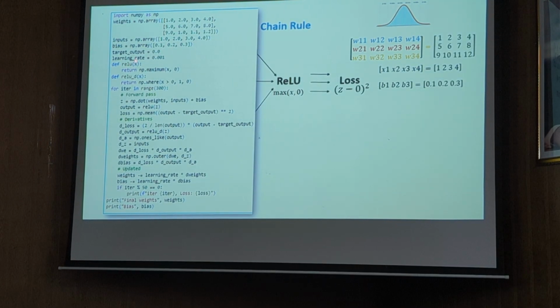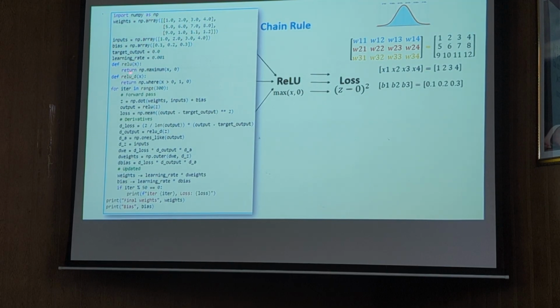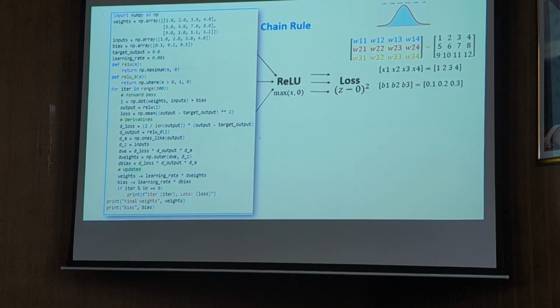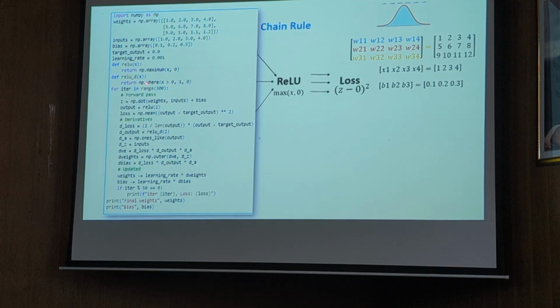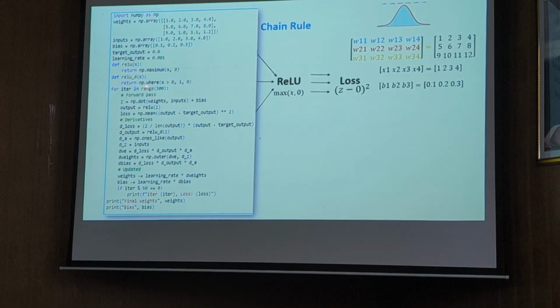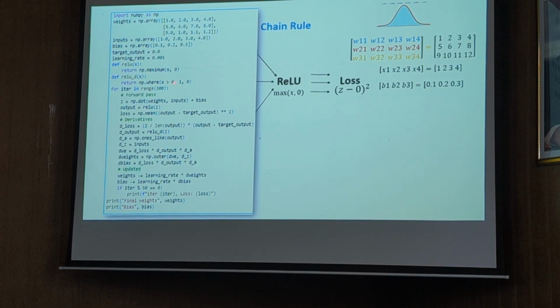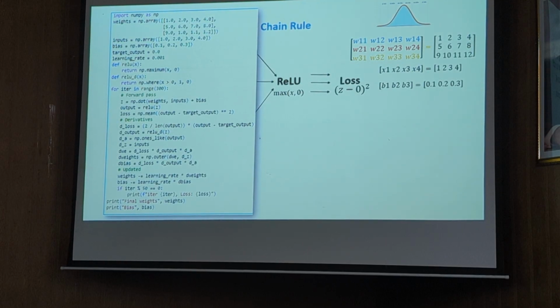I define ReLU, its input variable is X. It returns the maximum of these two. Whatever you plug in here, it compares these two values and whichever is greater than 0 will appear. Then this is the derivative, and I labelled it ReLU underscore D. It returns a piecewise function, a conditional statement: if the input number is greater than 0, it produces 1, otherwise 0. So this is the derivative of ReLU.